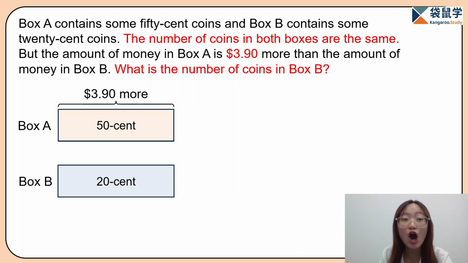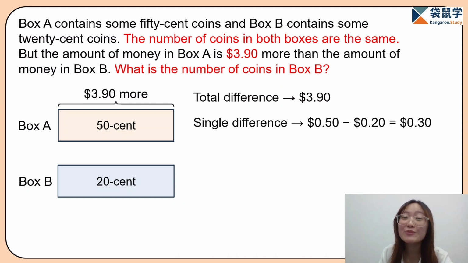Firstly, what is the total difference in amount between the two boxes? It is just $3.90. And what is the difference in the amount between 50 cents and 20 cents? It is 30 cents. And we can call this a single difference.